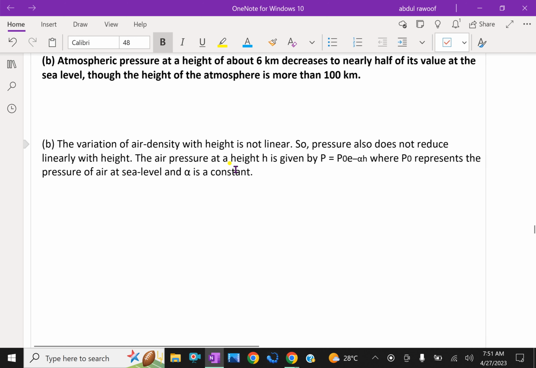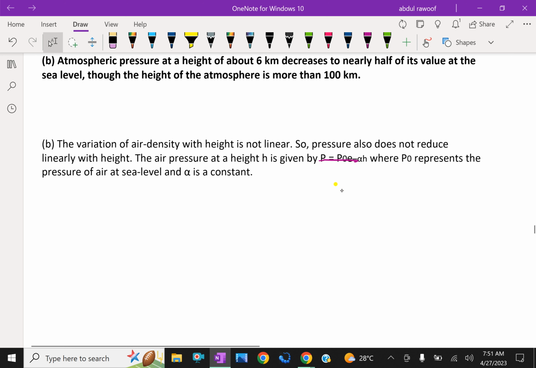The air pressure at a height h is given by the formula P equals P0 e to the power minus alpha h. Here the pressure function in terms of height is not a linear function.